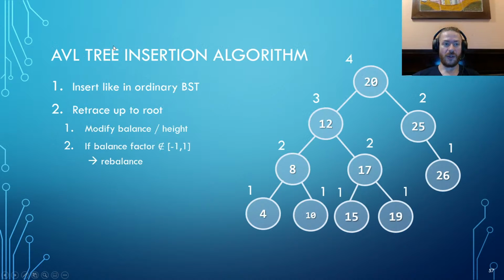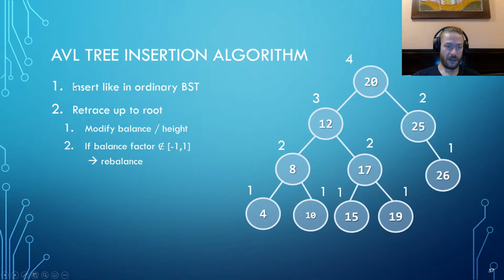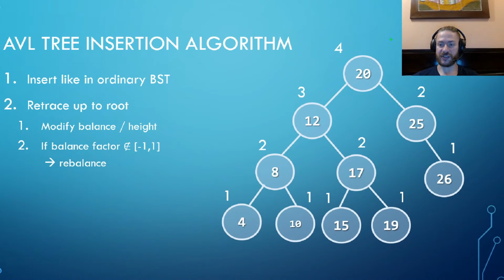So when we want to insert something in an AVL tree, for example this one, we have the heights calculated. So what we need to do, we insert the value like in an ordinary binary search tree. So if we, for example, need to insert 27, we go to the right, then we go to the right, then again we go to the right.